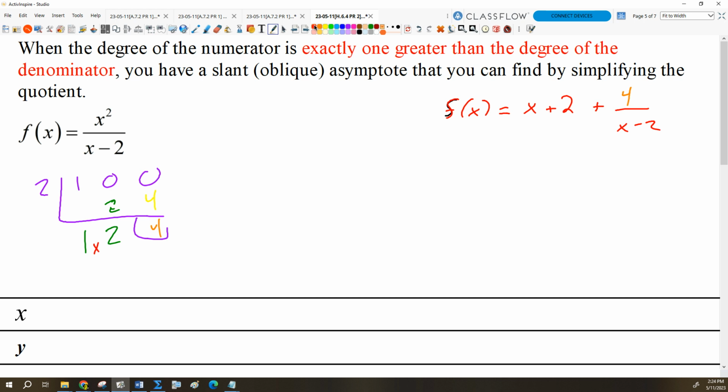Okay, now again, this is a pretty advanced topic. This is not normally an Algebra 2 topic, but it's good to see this now before you use it in the future. So if I were now to take the limit as x goes to infinity, right? If I let x go to infinity, positive or negative infinity, what's going to happen to that fraction?